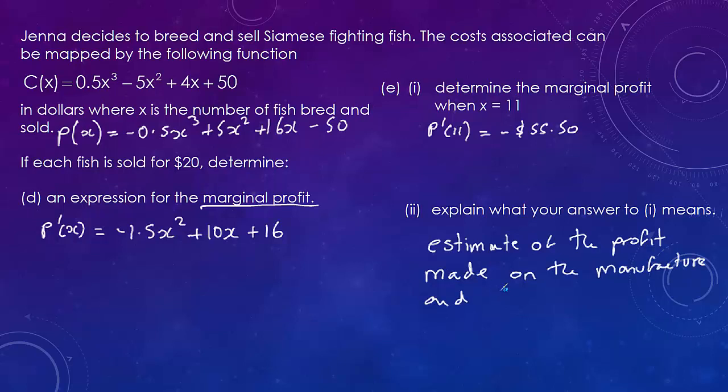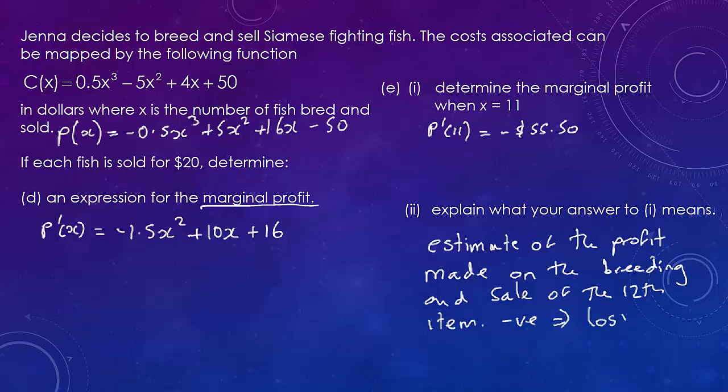Well, in actual fact, it's not a manufacturer in this case. It very often is in these questions, but it's a breeding in this case because she's doing the Siamese fighting fish. Breeding and sale of the next item. So this was 11, so this would be the 12th item. Negative implies that we're actually making a loss.